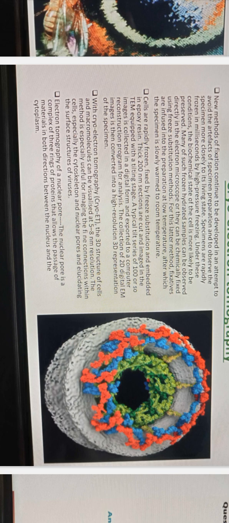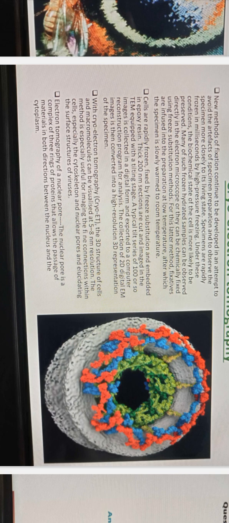Many such frozen hydrated samples can be observed directly in the electron microscope, or they can be chemically fixed using freeze substitution methods. For this latter method, fixatives are infused into the preparation at low temperature, after which the specimen is slowly warmed to room temperature.